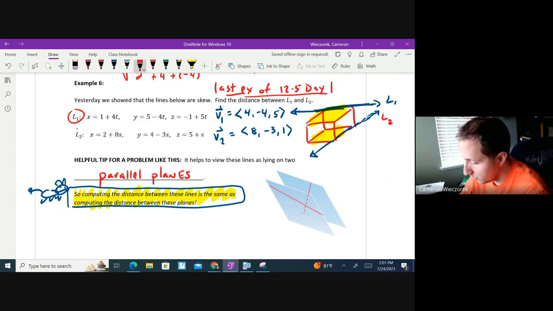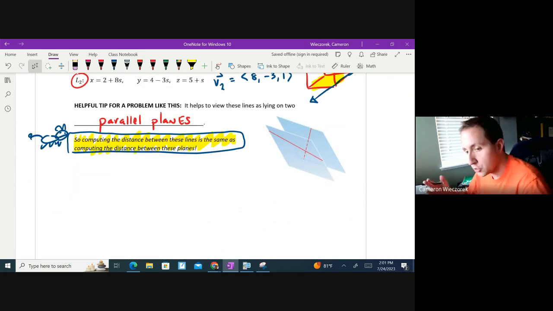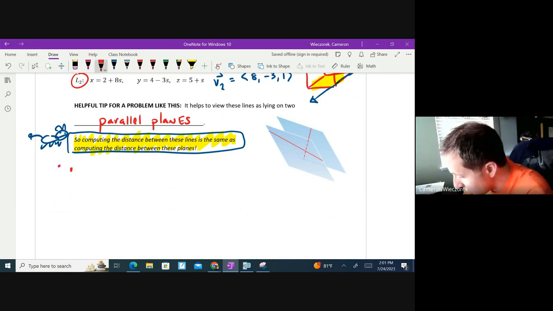You could pick a point on line 2, and measure the distance from that point to the plane containing L1. It does not matter which line you start with and which line you end with, but you have to start with a point on one line and measure the distance to the plane containing the other line. So we need a point and a plane.